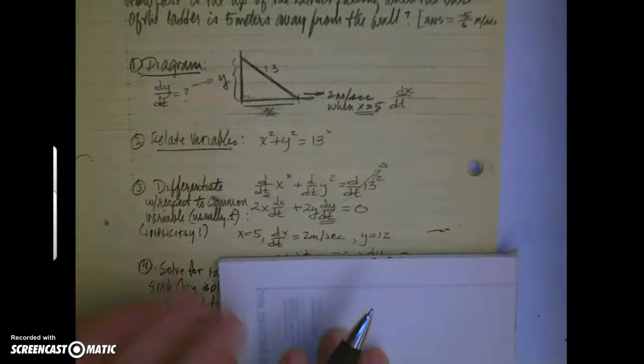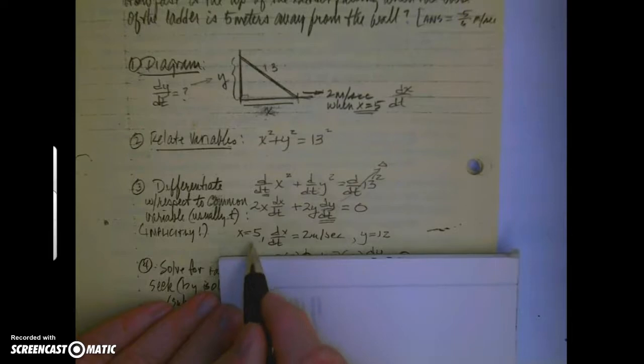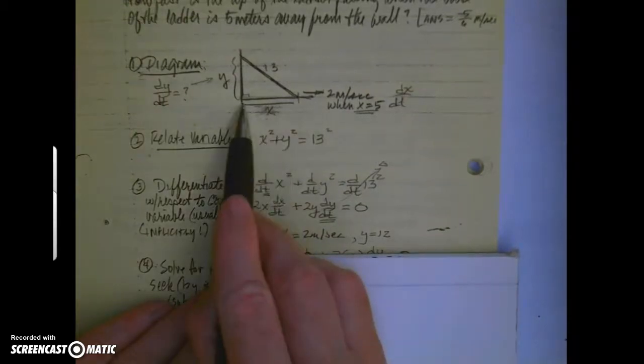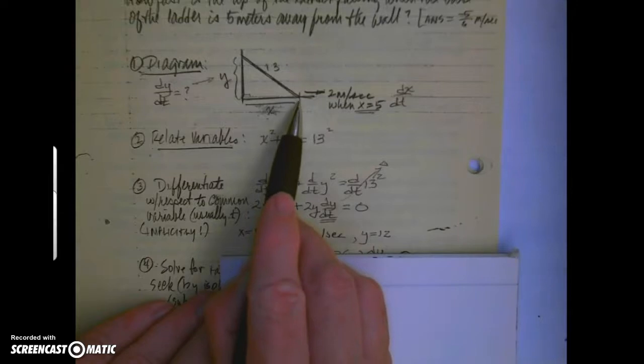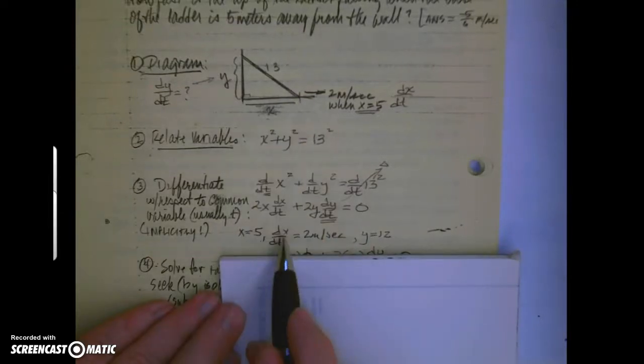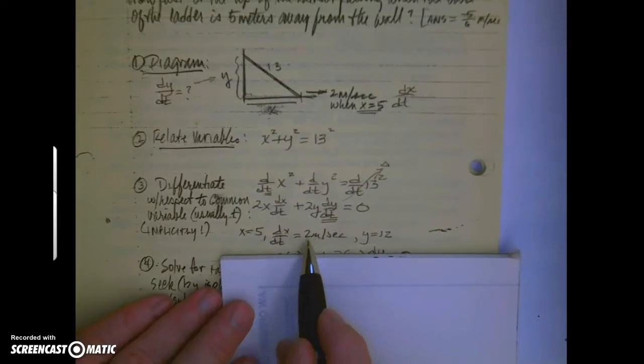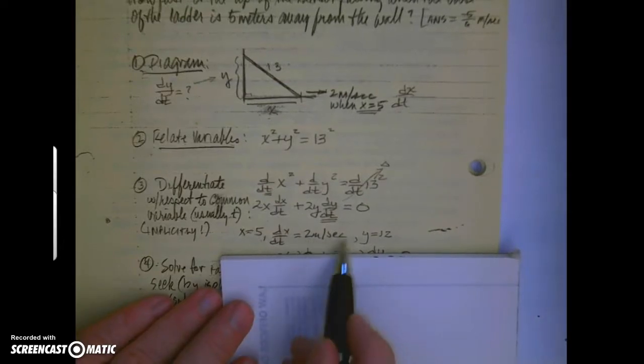Now we can put in all the information that we have that's been given. We know that we're looking for a specific moment in time, which is when x equals 5, the distance of the ladder from the wall, that distance being 5 meters. We know what dx/dt is because that was given to us, that the bottom of the ladder moves away from the wall at 2 meters per second.